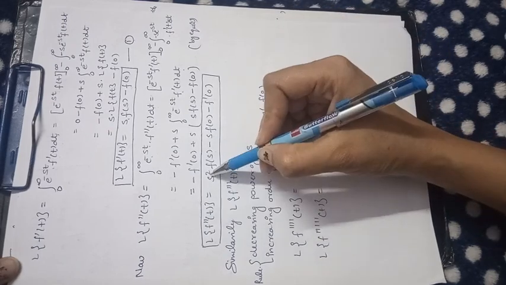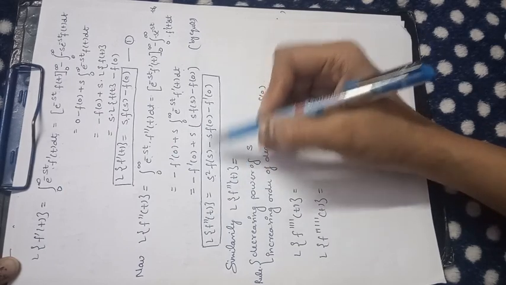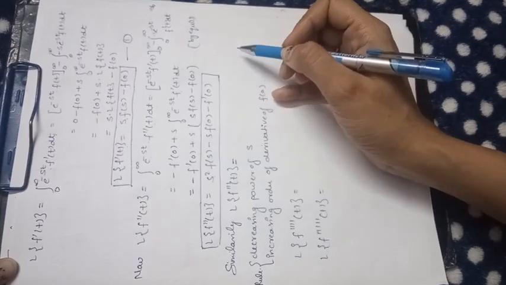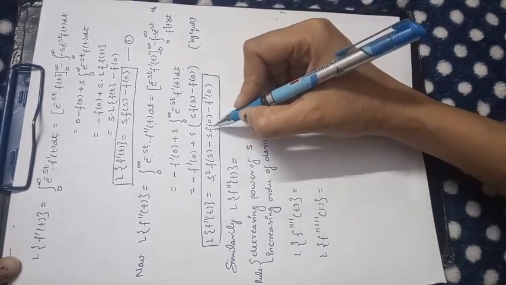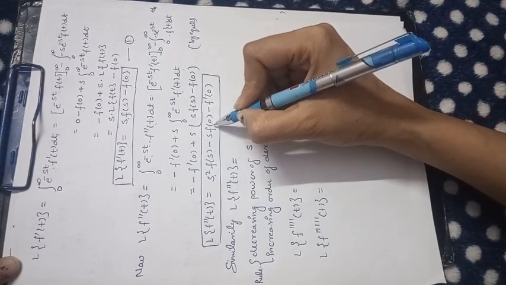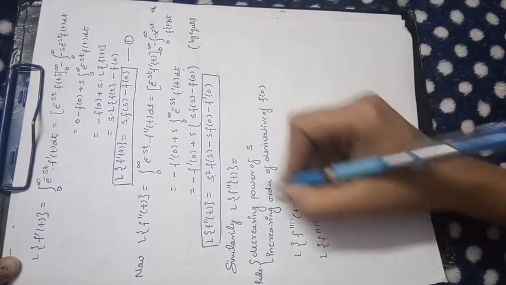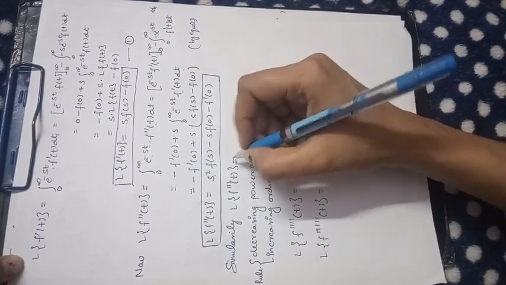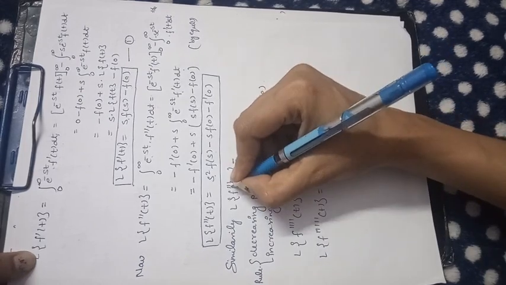For the second derivative, you start from s square, then s to the power 1, then s raised to power 0. That is, the power of s is in decreasing order, and the order of the derivative of f(0) is in increasing order. Now based on this pattern, what is the Laplace transformation of the third derivative?